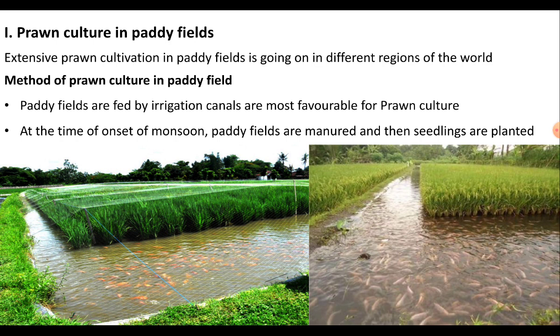In this culturing method, the paddy fields are selected which are fed by irrigation canals, where it serves as the most favorable condition for prawn culture.